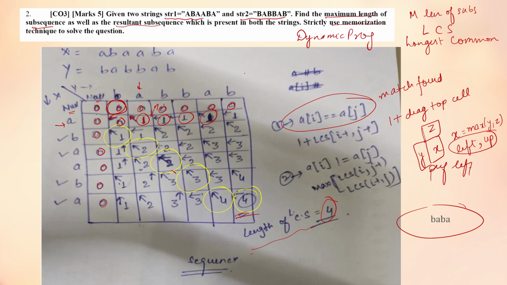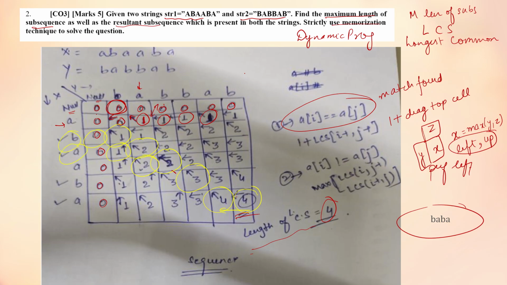We have to see where a value is increasing due to a match. So this 4 will go here, then your value increases from here, then your value goes here. This points to your left, this points here.